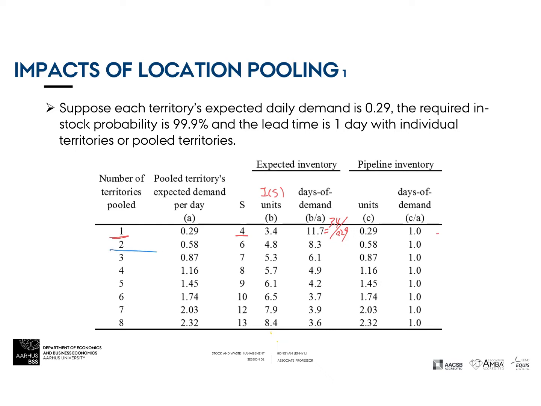Now we have this column: two territories share inventory in a common location and we expect the demand to double. Then if you calculate the service level, you can use Fs equals 0.999.